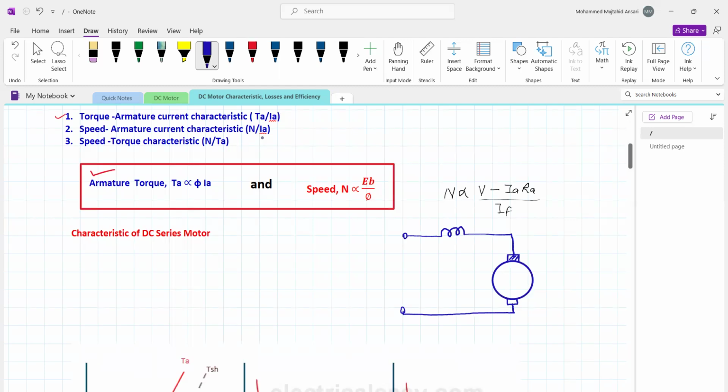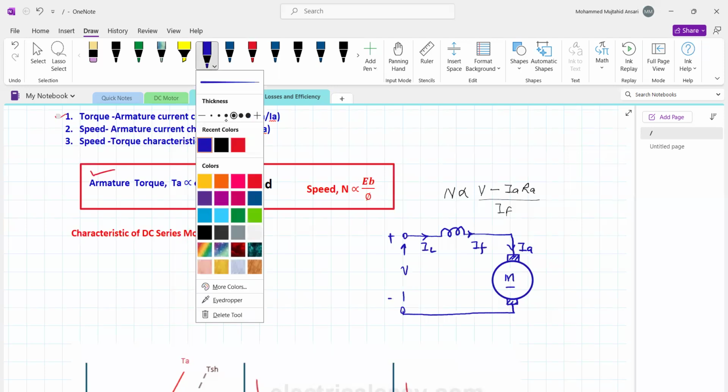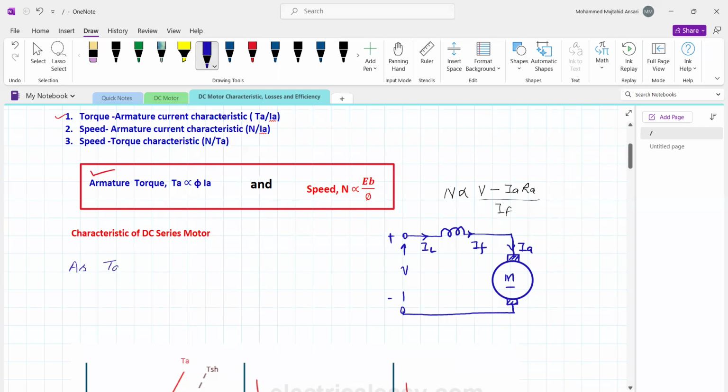Now in case of DC series motor, armature current and field current are the same. This is the load current, the current which is flowing in the series field winding IF, and armature current, all are in series, so it is the same. So armature torque TA is directly proportional to flux into armature current.